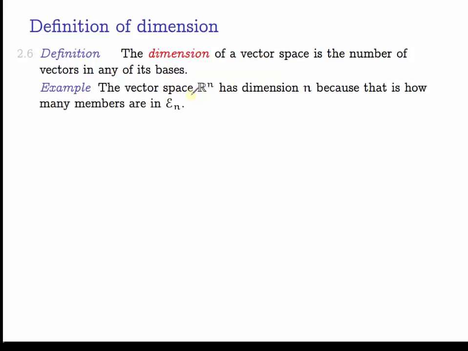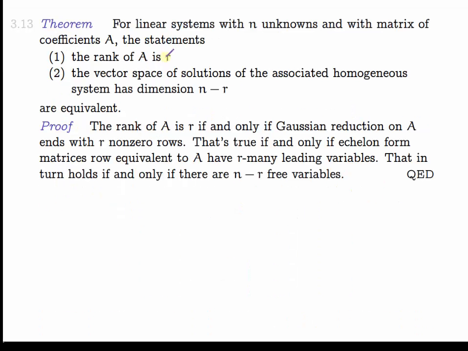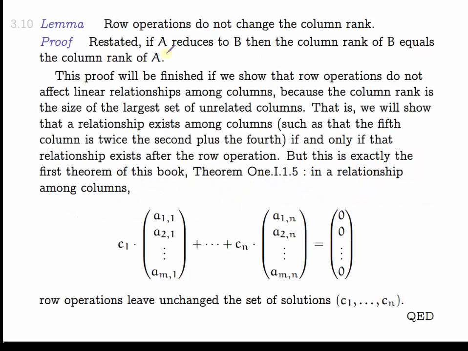For example, the vector space Rn has dimension n because that's how many vectors there are in the standard basis. Somehow I messed up here. Go back here.